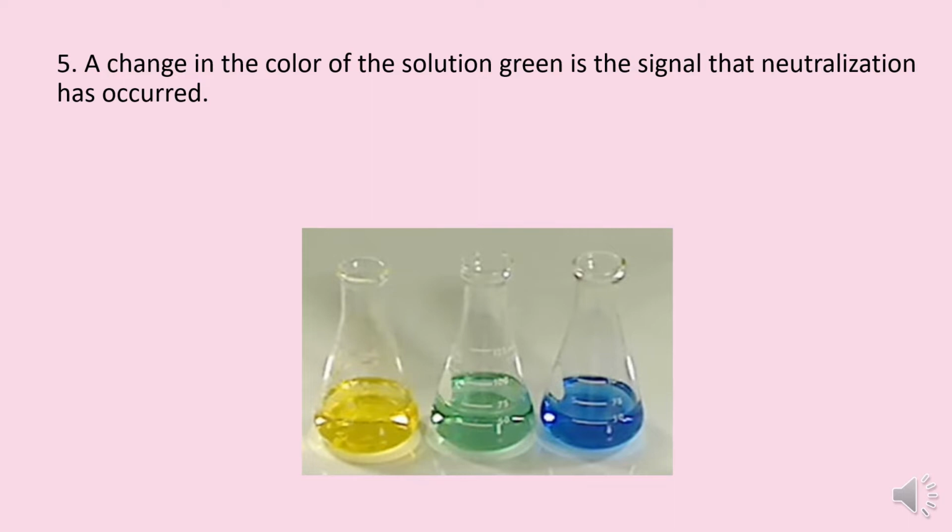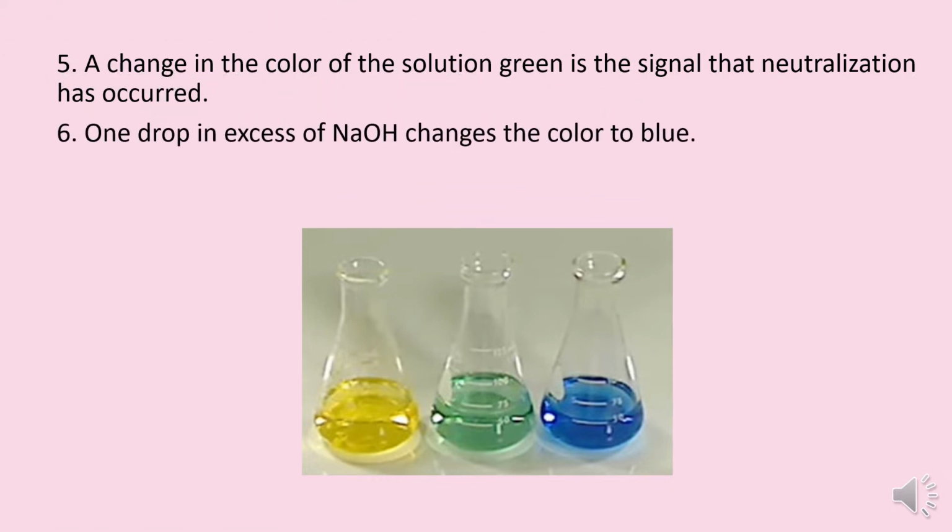So the fifth step is a change in the color of the solution. Green is the signal that neutralization has occurred. Now the last step, 1 drop in excess of NaOH changes the color to blue.